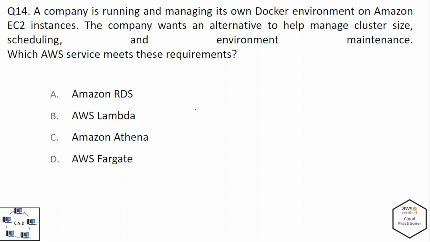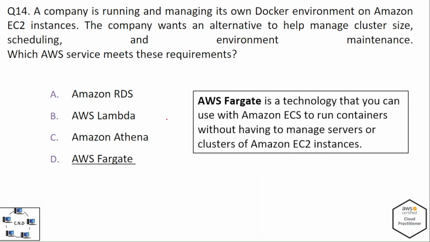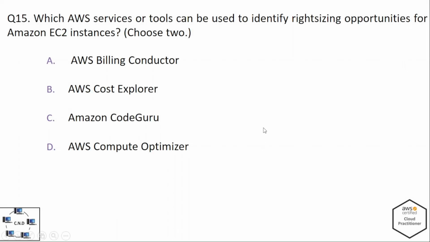And the correct option is AWS Fargate. So, for management of Docker environment on EC2 instances, the solution is AWS Fargate. It is basically a technology that you can use with Amazon ECS to run containers without having to manage servers or clusters on Amazon EC2 instances.